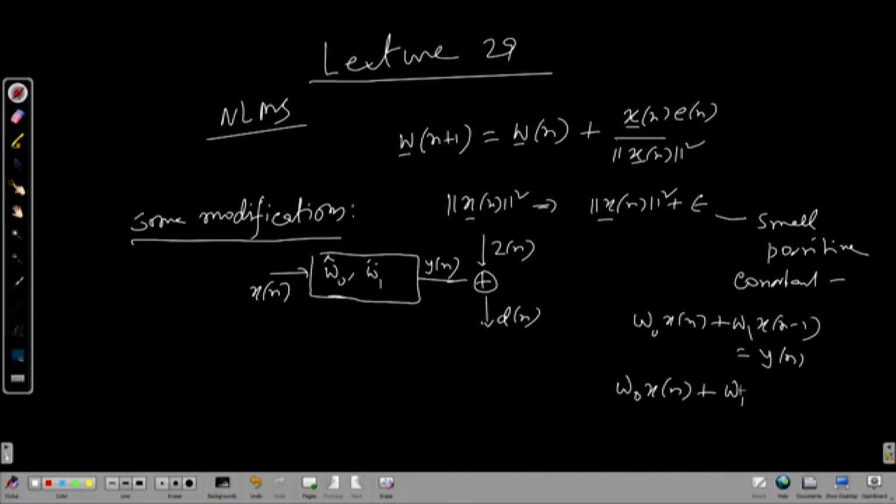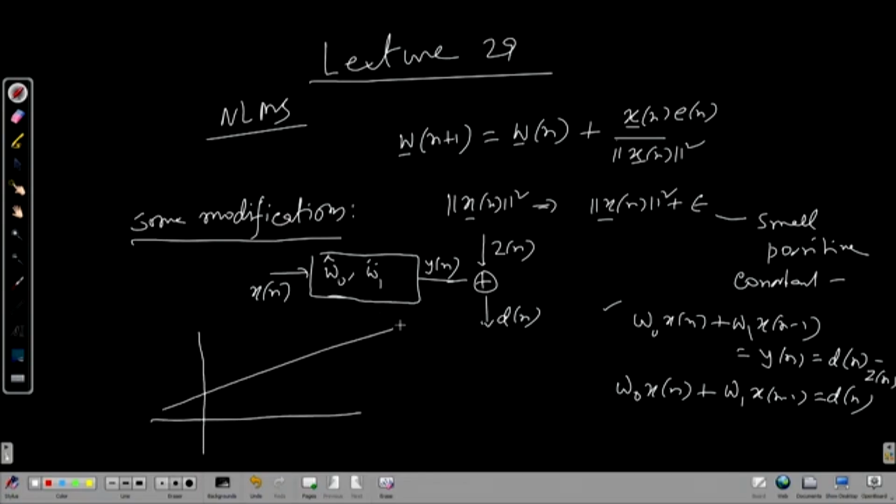So, if I still continue with the previous method, that is, set this equal to d(n), then there is a problem. This is not the actual equation. The actual y(n) is d(n) minus z(n), and z(n) also is not known to us. That means, what we are doing so long, we took this to be our equation.